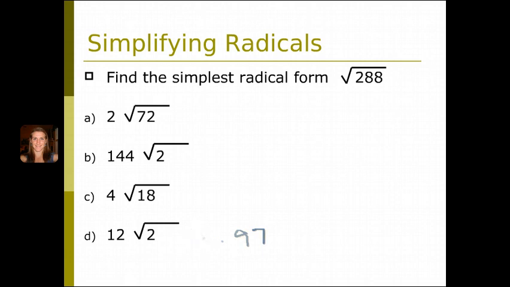Well, because it says they want the simplest radical form, that means you are looking for the answer choice that has the smallest number under the square root sign. A had a 72, C 18, and D was a 2. Because 2 is smaller than both 18 and 72, that means that D is going to be the correct answer choice.